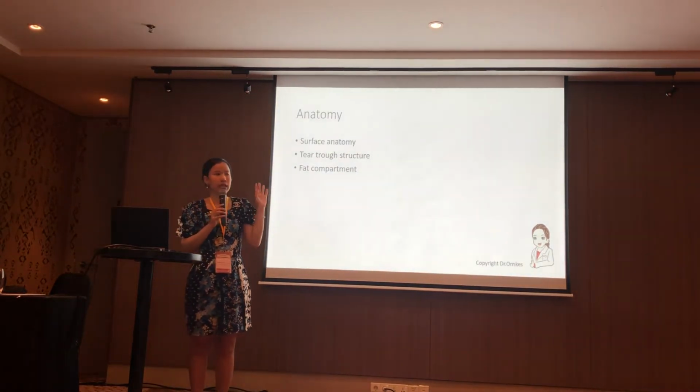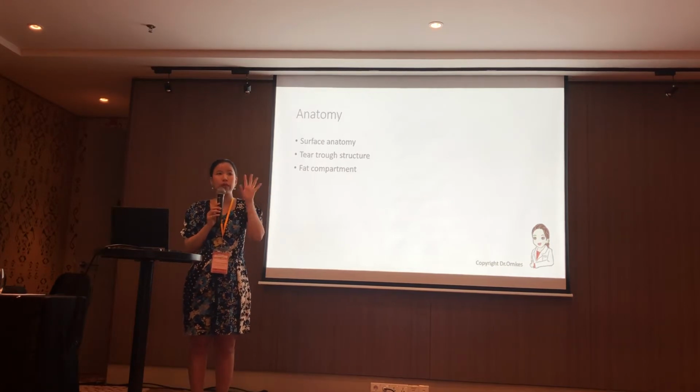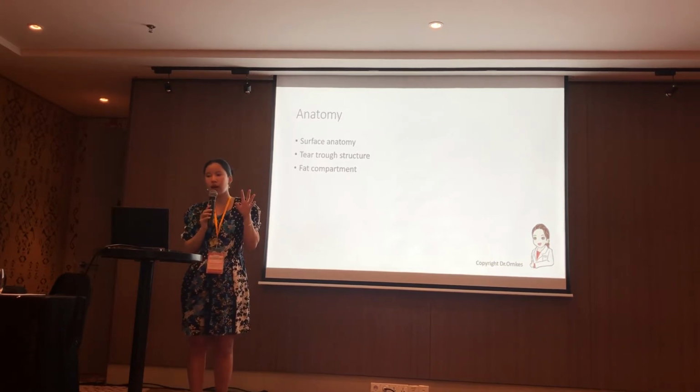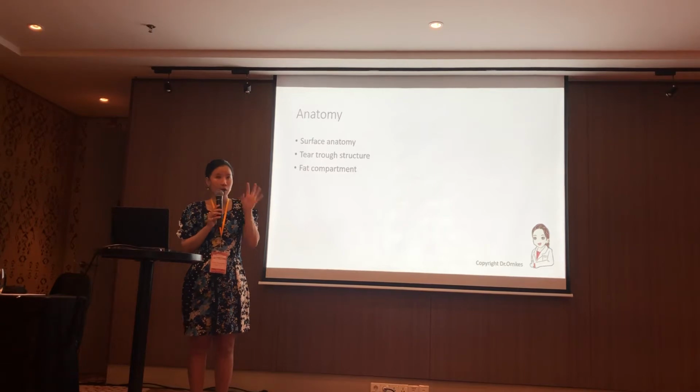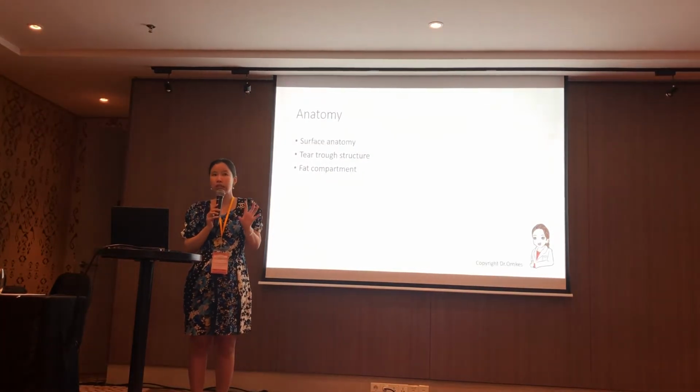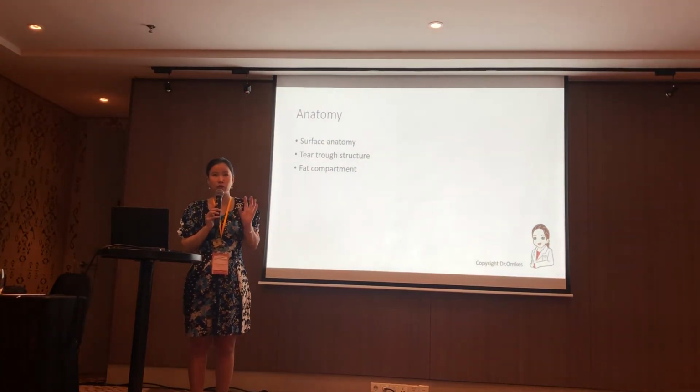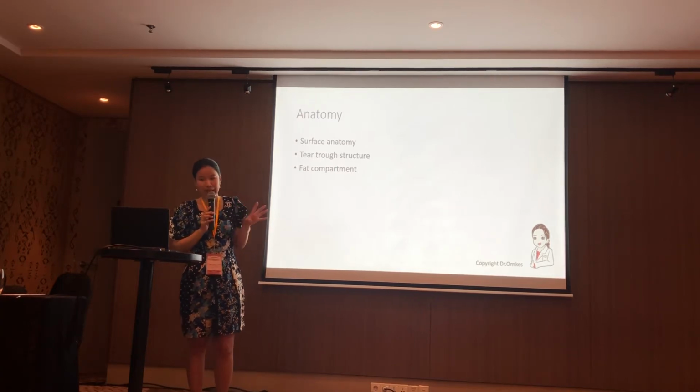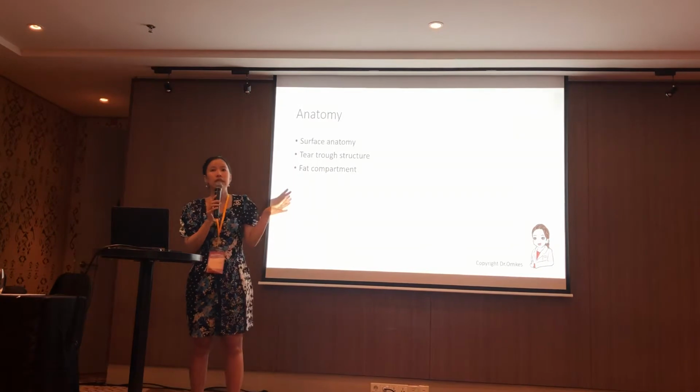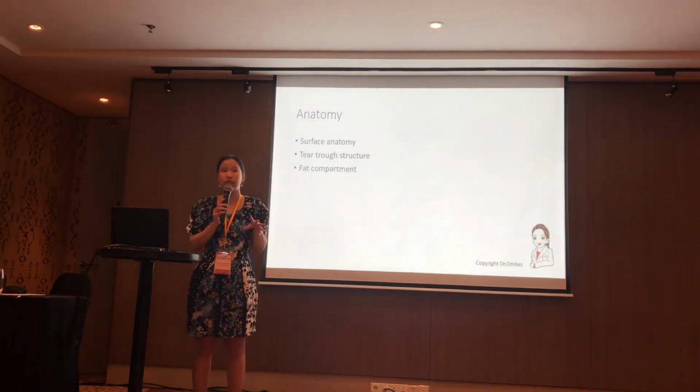Yesterday there was another speaker who talked about doing rejuvenation in this area. She talked about technique. However, one of the most important things you have to know when you treat any area is the anatomy of the area. And the last one I want to talk about is the anatomy of the fat compartment.